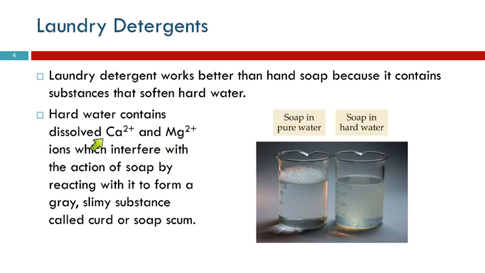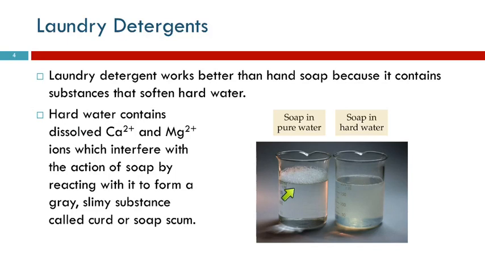If we use soap instead of laundry detergent, we end up with a problem because the calcium and the magnesium ions form a precipitate, this gray slimy substance called curd or soap scum. The soap interacts with that and forms this yucky slimy stuff. That's how you get a bathtub ring, because in the bathtub you use soap, you don't use detergent.